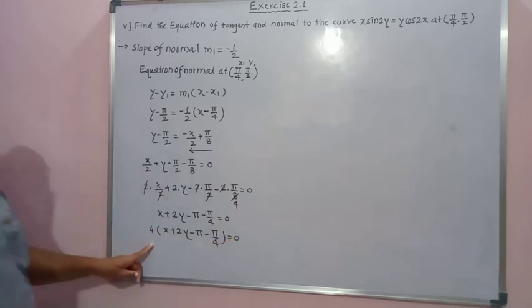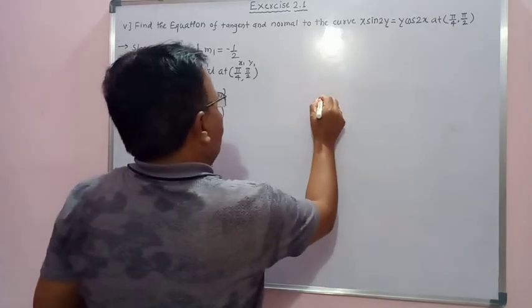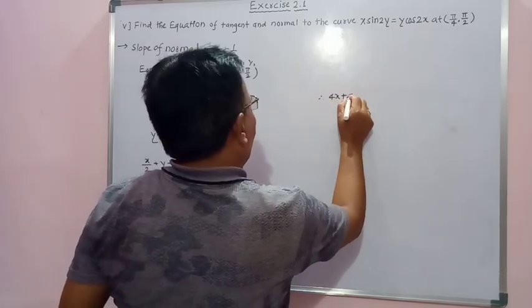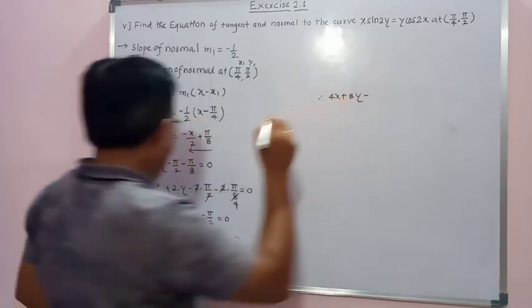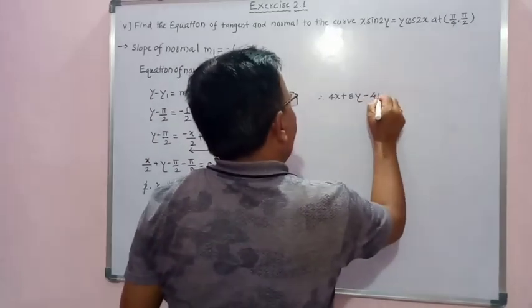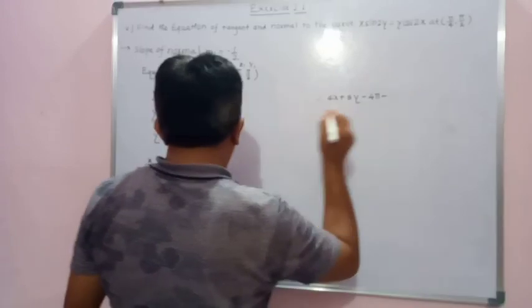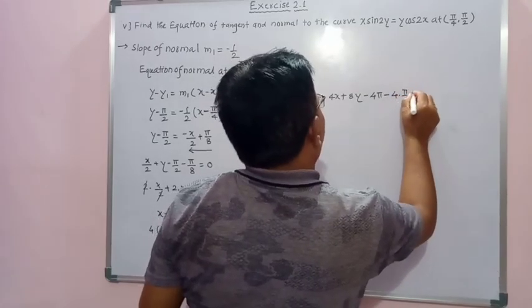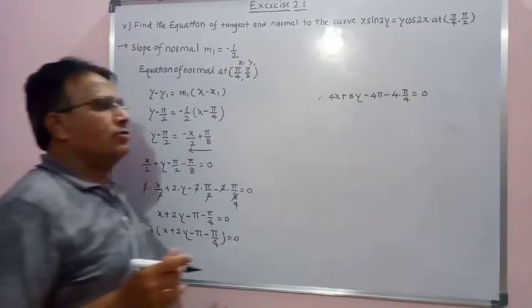Therefore, 4 into x is 4x, plus 4 into 2y, 8y, and 4 into minus pi is minus 4 pi, and minus 4 into pi by 4, equals 0 on the right side.